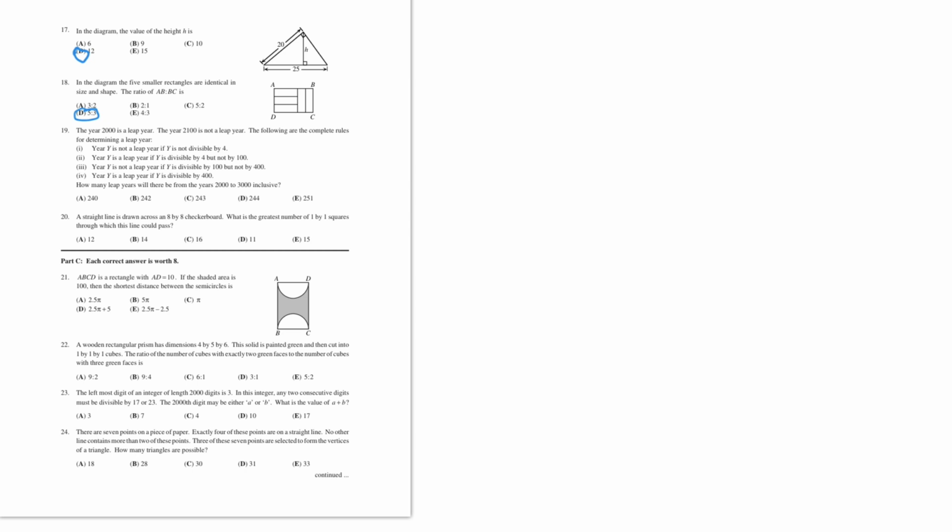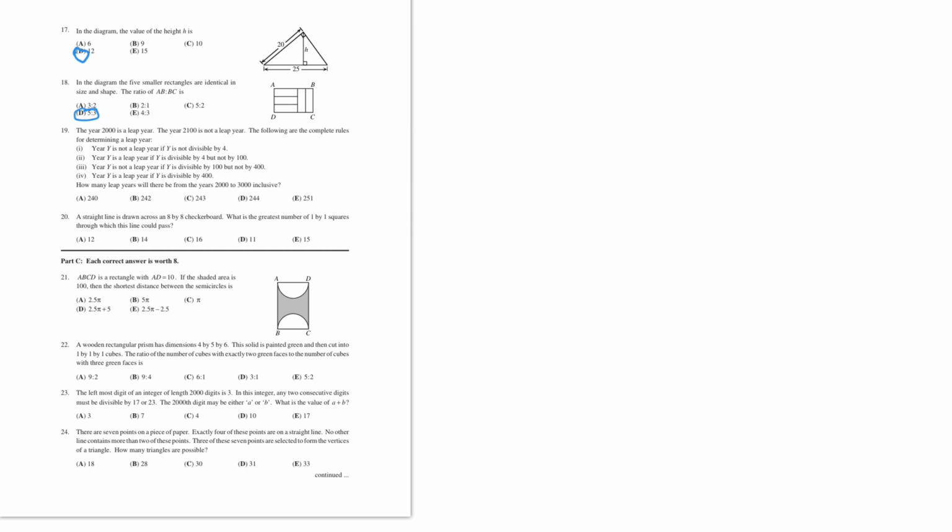Rule 3: Year Y is not a leap year if Y is divisible by 100, but not divisible by 400. Rule 4: Year Y is a leap year if Y is divisible by 400. How many leap years will there be from the years 2000 to 3000 inclusive?